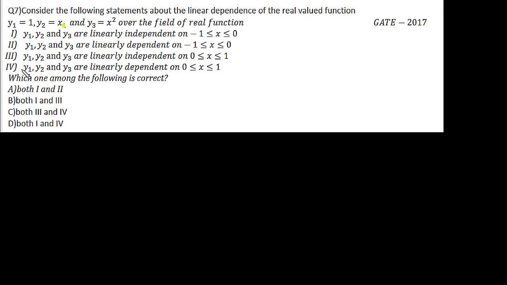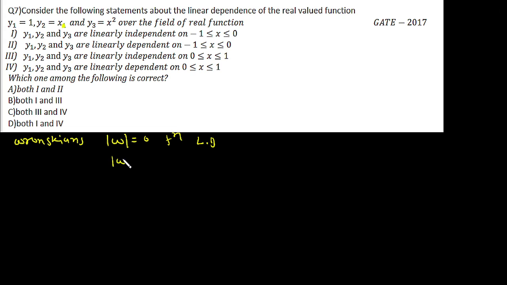So we have a first statement about the linear dependence of these three functions. To check whether these functions are linearly dependent or independent, we simply form the Wronskian of these three functions and find its determinant. If the determinant of the Wronskian is equal to 0, then the functions are linearly dependent.